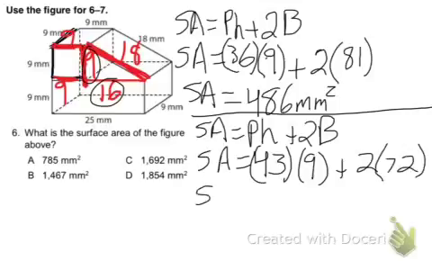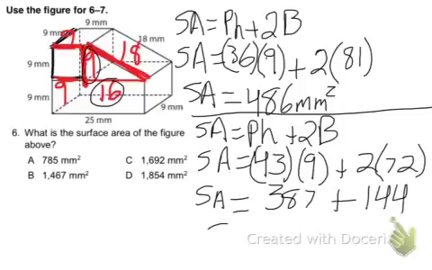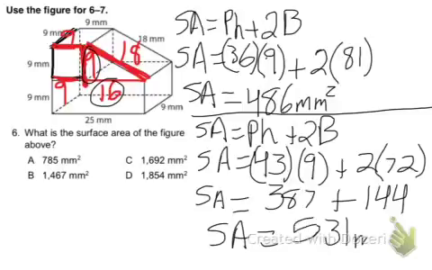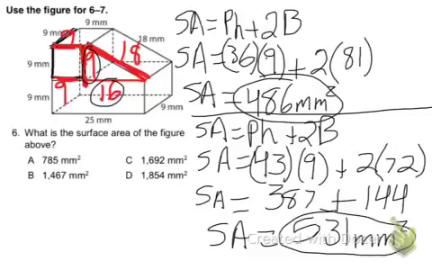And then we get surface area equals 387 plus 144, so surface area is 531 square millimeters. So we have 486 square millimeters, 531 square millimeters.